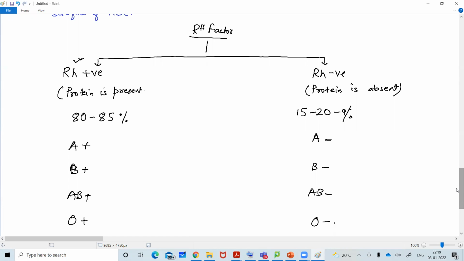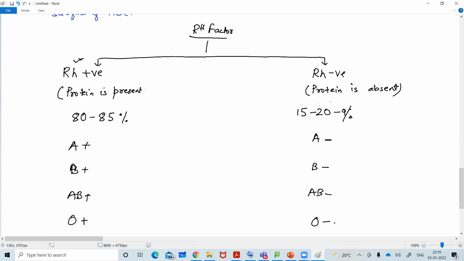When this blood is given to the negative person, then this Rh protein will act as an antigen, and the negative blood group person's body will start making antibody to destroy this particular antigen present in the blood. So again, it will result in incompatibility, which will result in some disease.